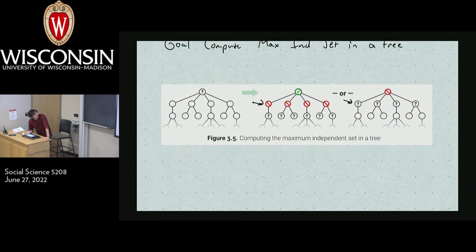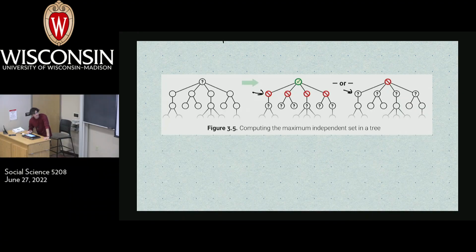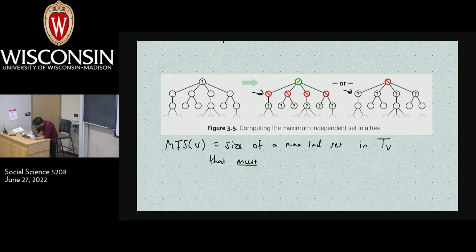Okay, so this is kind of tempting us with how we should solve this. We want to break this into some decision procedure. And the decision we're going to make is, should we include the root or not? So let's say max independent set of V is the size of a max independent set in the subtree rooted at V that must include V. This is really common for tree problems.